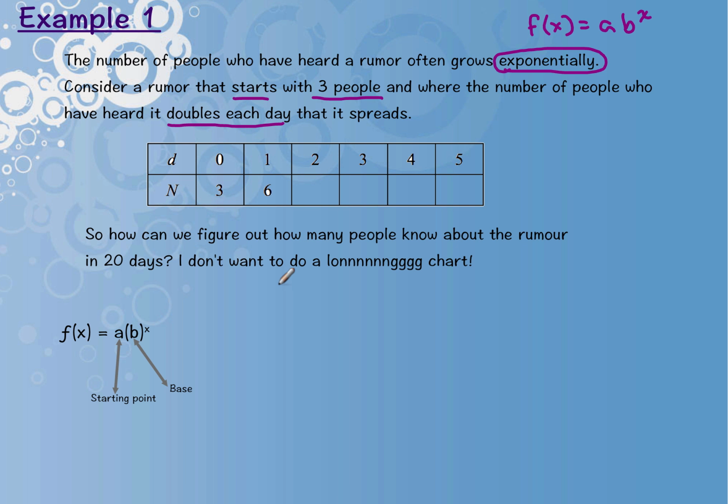So how can we figure out how many people know about the rumor in 20 days? I don't want to do a long chart, but anyway, let's look at this chart to see if we're going in the right direction. So, notice it says 0 gets me back an answer of 3. Remember, in math and physics, 0 tends to mean the initial.